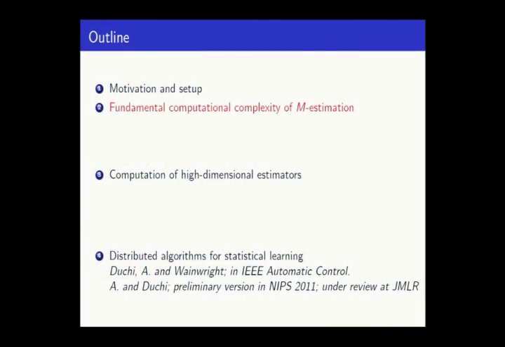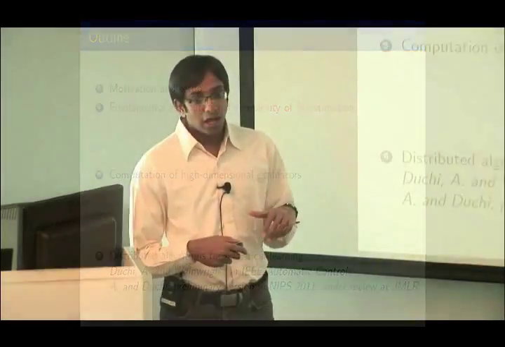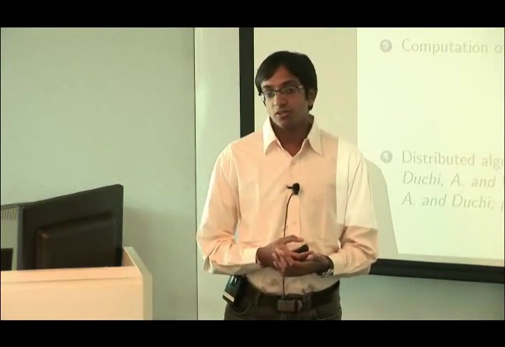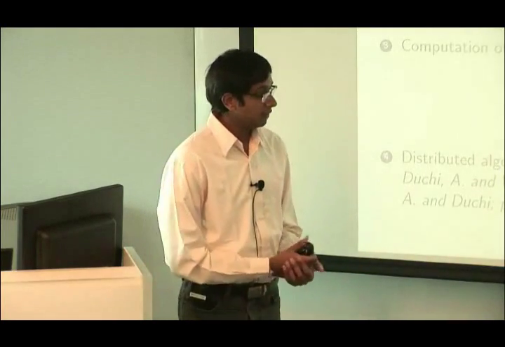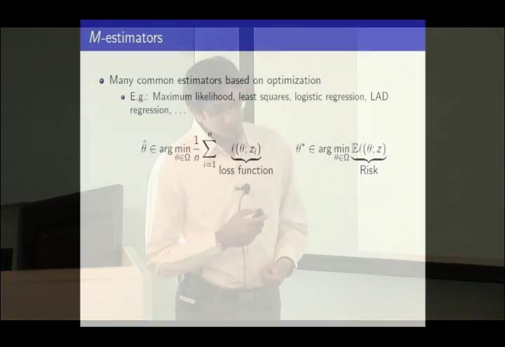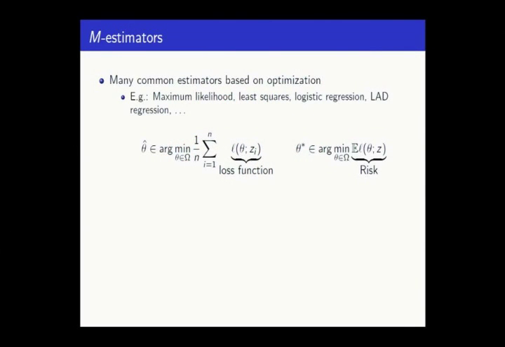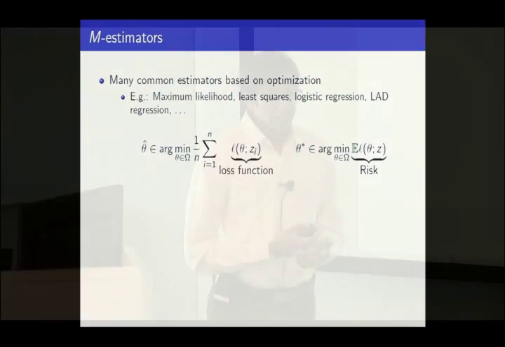And very briefly, if time remains, I will talk about how we might generalize these ideas if we want to solve these problems in a distributed fashion rather than solving them all on one computer.